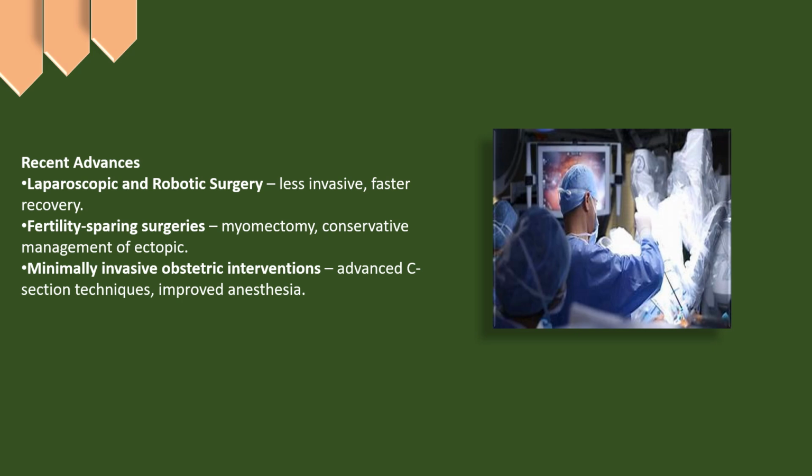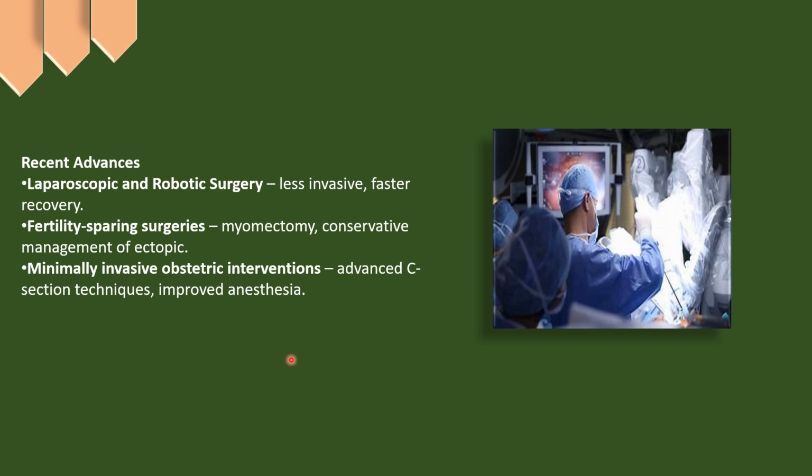Finally, let us look at some of the recent advances in the field. Laparoscopy and robotic surgeries have become increasingly common, providing minimally invasive options that reduce hospital stay and accelerate recovery. Fertility sparing surgeries are another remarkable development. For example, instead of removing the uterus in every case, procedures like myomectomy or conservative management of ectopic pregnancy are preferred to preserve a woman's reproductive potential.